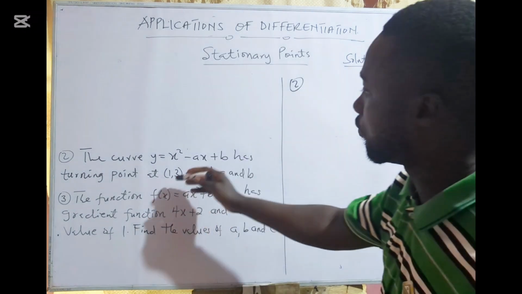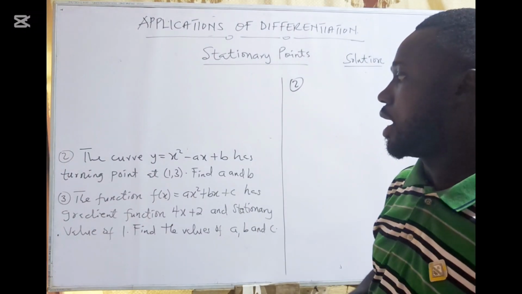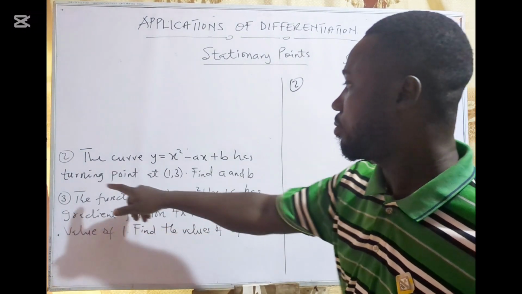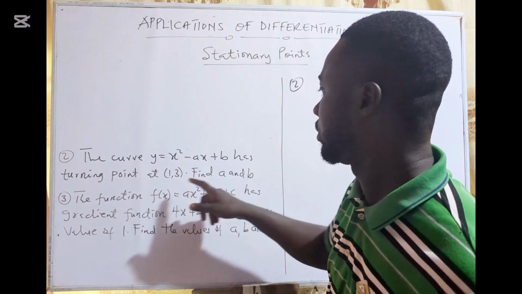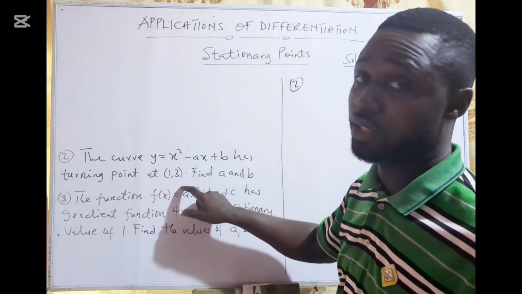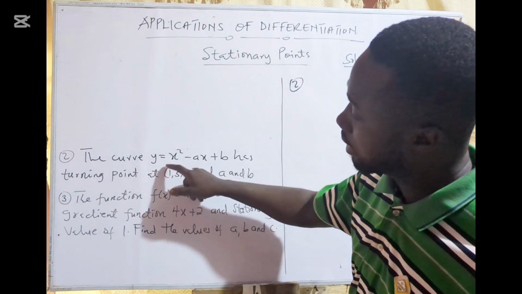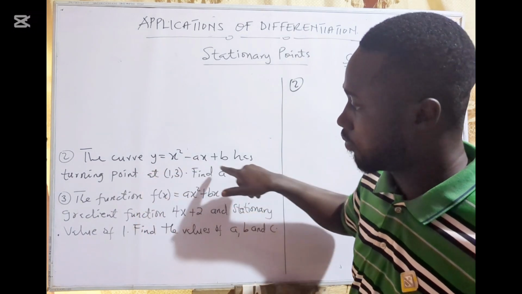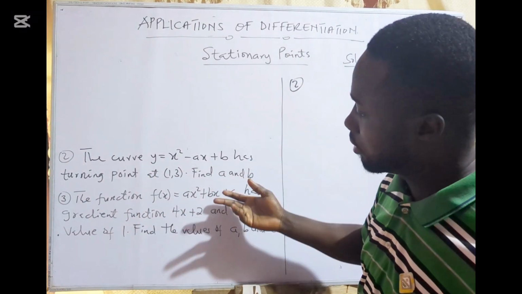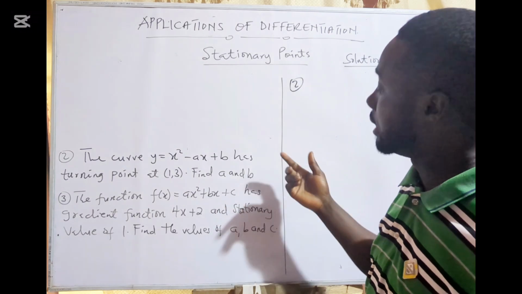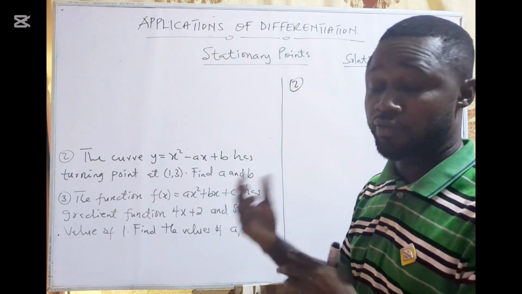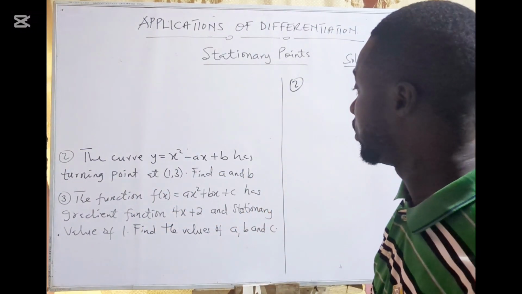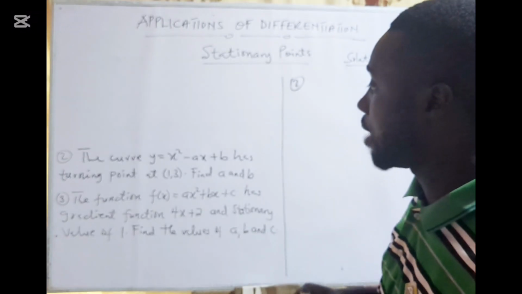And we are given this to find the values of a and b. The turning point (1, 3) is also a point on the curve. Since we are supposed to find a and b, we will have to get simultaneous equations, and then solve to find the values of a and b.